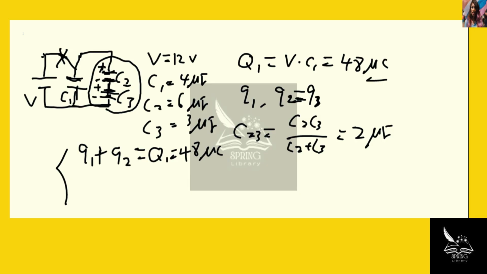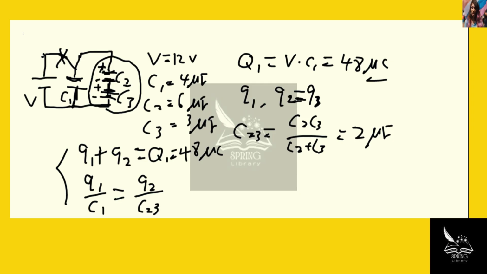We also have a second relation, because C1 is in parallel with the combined capacitor. So Q1 over C1, the voltage across C1, equals Q2 over C23.